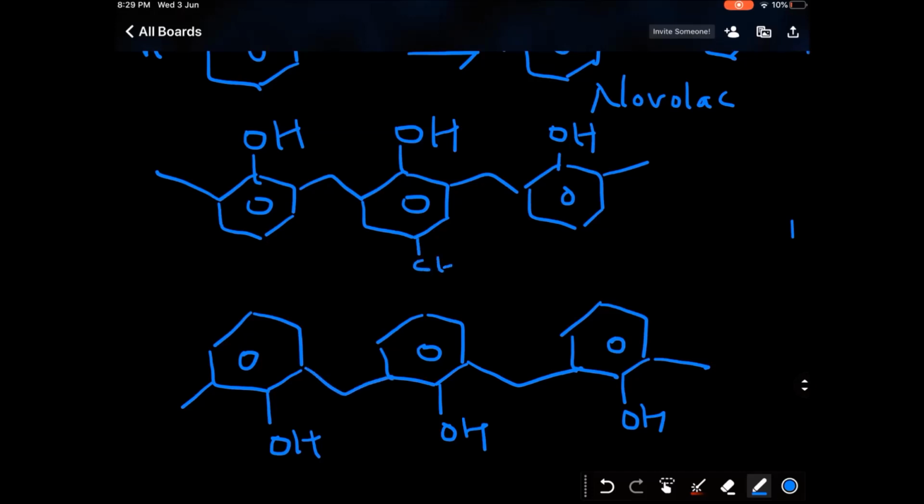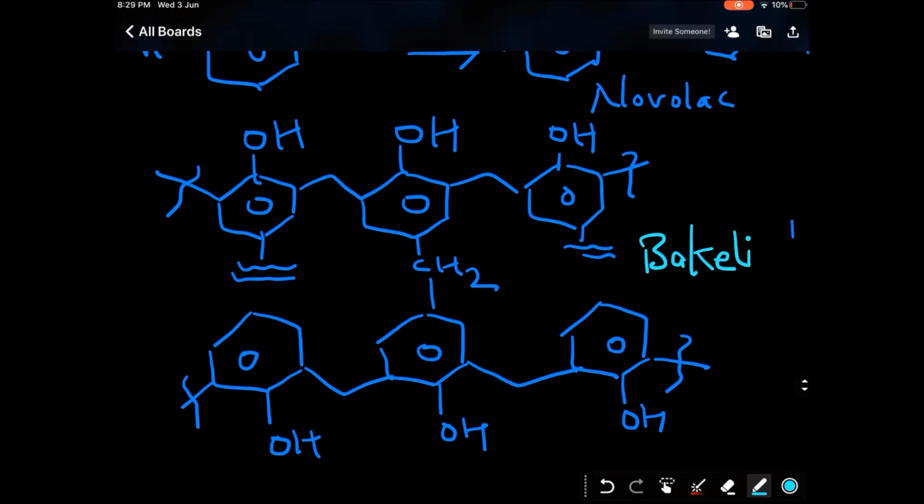Now look at this, these two phenyl groups may be connected by a CH2 group if one of them has a CH2OH at the para position. Similarly, another phenolic group may combine with some other chain, and this with some other chain. This is one polymer chain. Similarly on the other side. So this is the extensive 3D network structure of Bakelite. Switchboards and switches are made from it, as you know. So this is the Bakelite polymer.